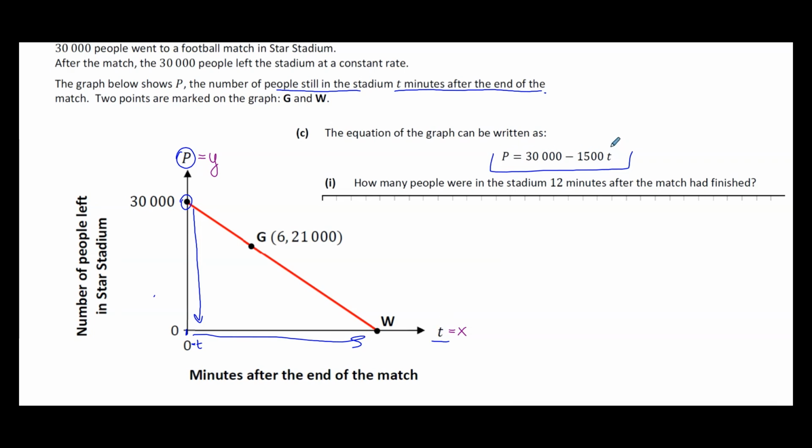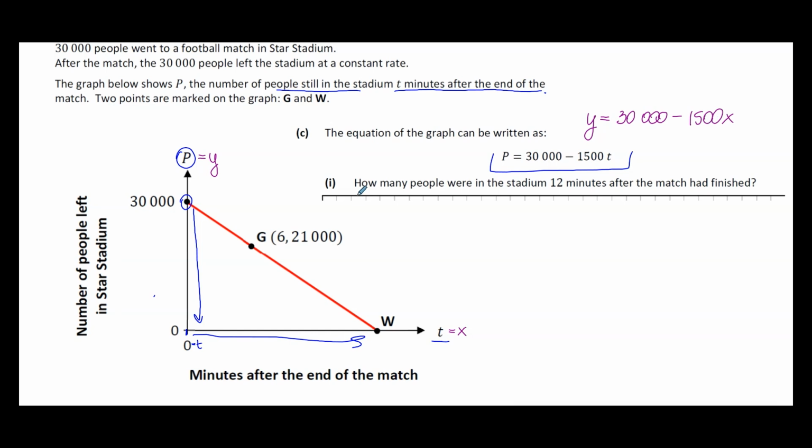But if I was to replace that, my function will look like y equal 30,000 minus 1,500x. We have to approach every function in the context of x and y. Doesn't matter what letters they are. We understand that this is the most basic way we look at it.